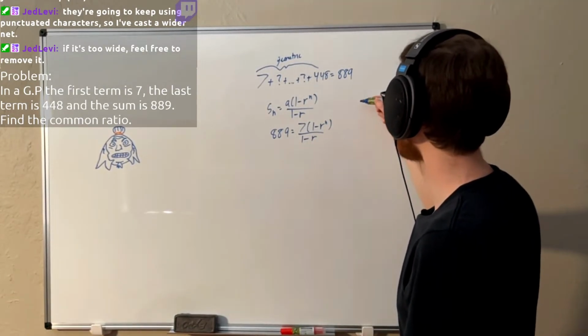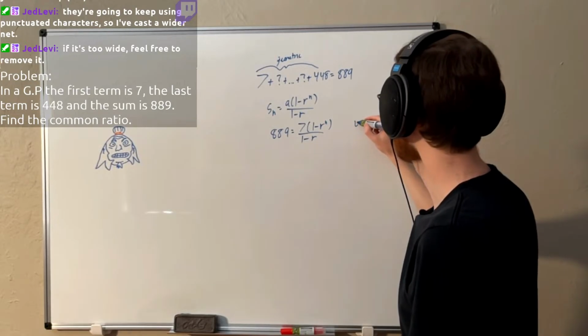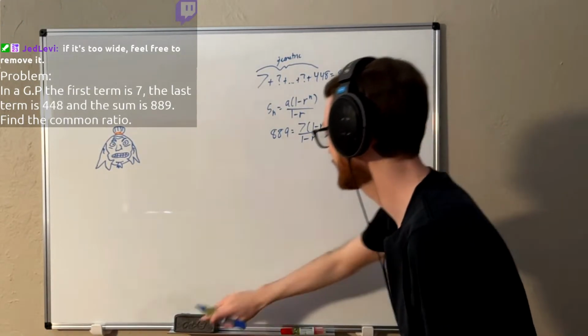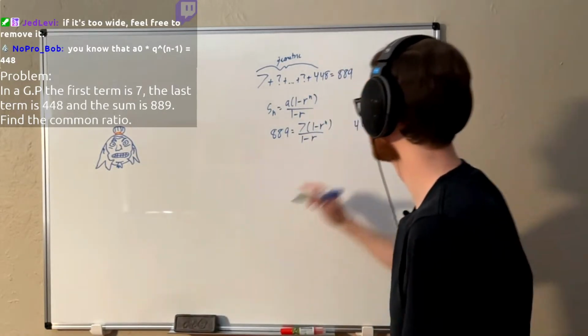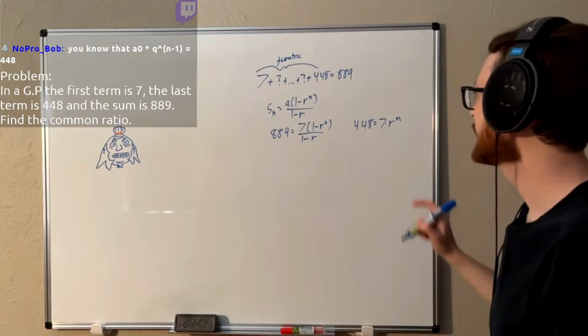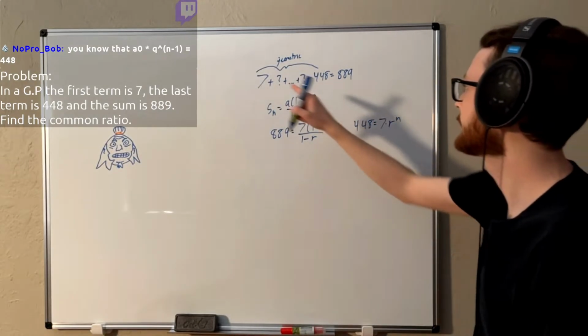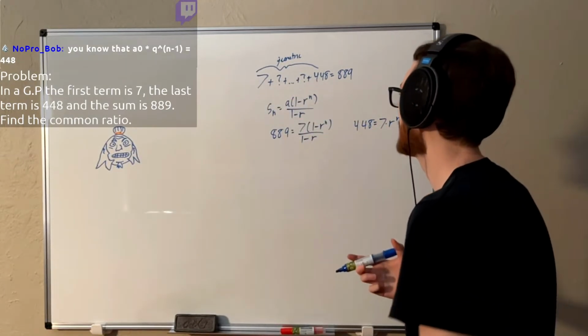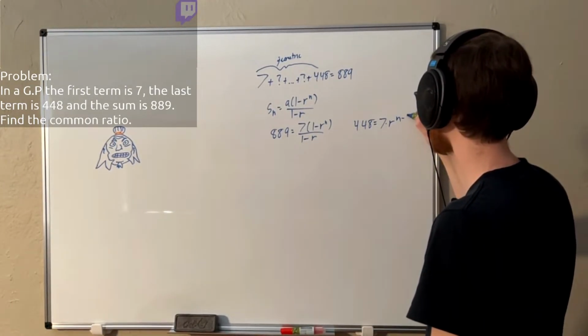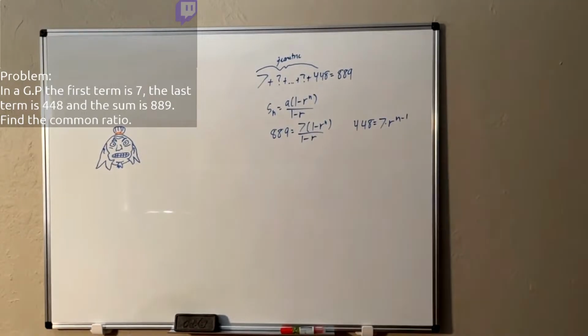We also know the last term is 448, which is equal to 7 times r to the n, because the last term is equal to the first term times r to however many terms you have. Okay. Oh, n minus 1? I was just about to wonder that. Yeah, I guess the first term is just 7, so it should be n minus 1.